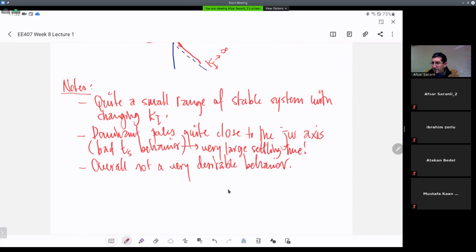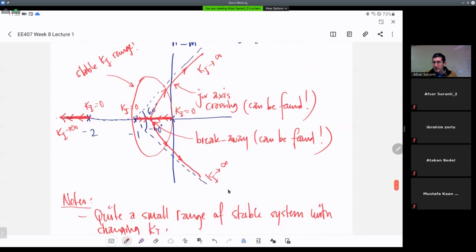Okay? Any questions related with the integral controller? Okay? This is more or less what's happening with integral controller by itself. Okay? Because of the larger number of asymptotes, the branches eventually cross to the right half plane, and this is true for any number of asymptotes larger than or equal to 3.